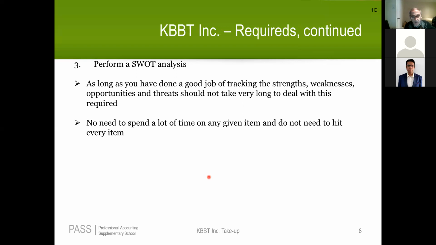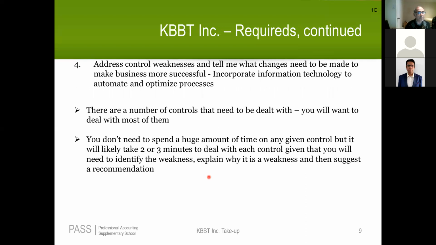You have to cover off all 4 bases, but you certainly don't have to hit every last point. Plus, you don't have to say a huge amount about each point. How much you do need to say about each point, we'll talk about that when we look at the CFE markers sample response. So at the end of the day, I would have spent about 5 to 10 minutes on the SWOT analysis. When I show you what you really need to do to get competent, I think you'll agree with me, 5 to 10 minutes would have sufficed.